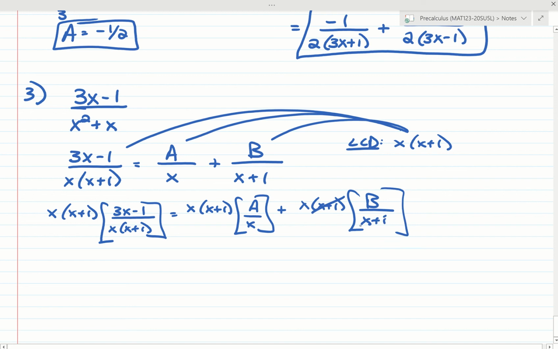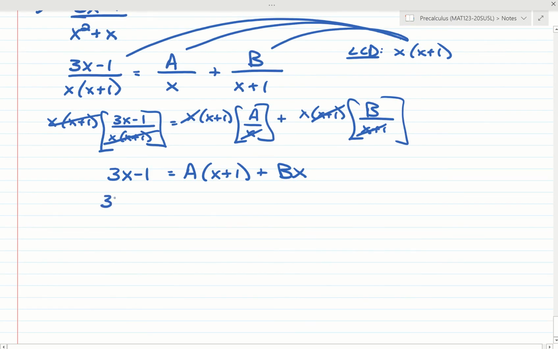Cancel out our common factors. And we get 3x minus 1 is equal to a times x plus 1 plus b times x. So we'll group all of our x's together.